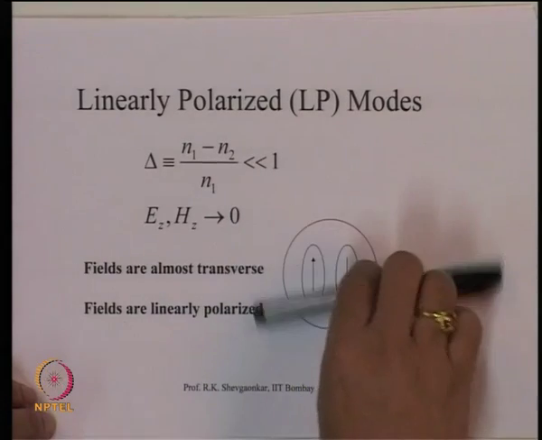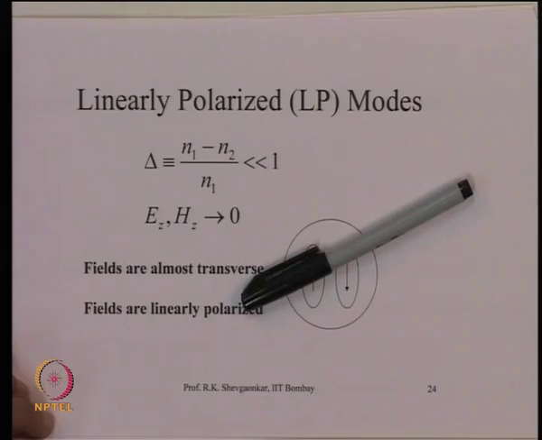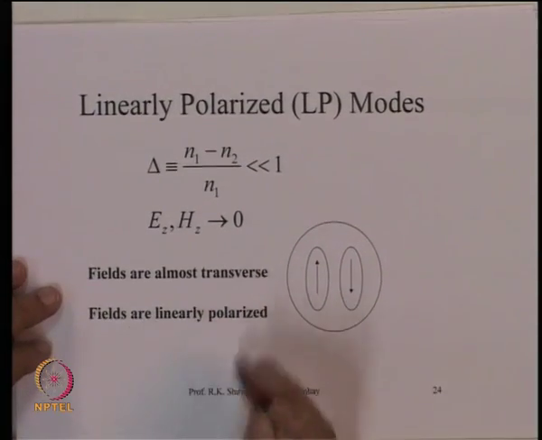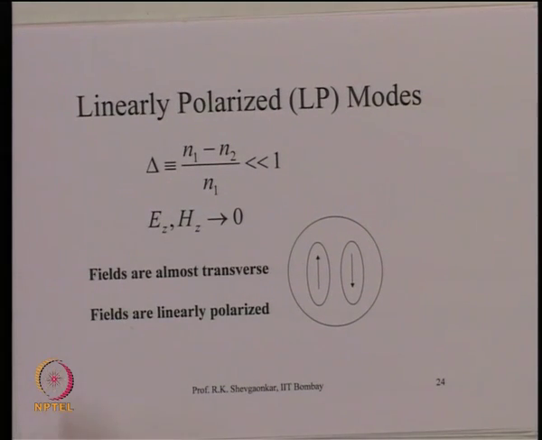It may be positive or negative, but the field will not be oriented in this way. So, these fields we call linearly polarized fields. Two things essentially happen when we have a weakly guiding approximation: the fields become almost transverse and almost linearly polarized.